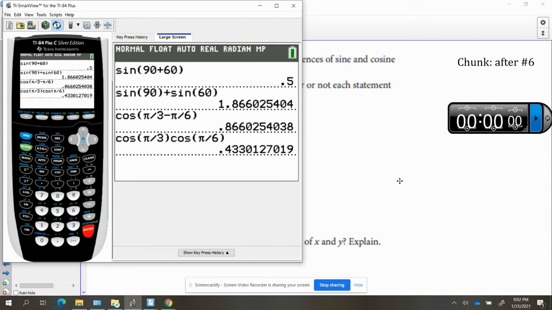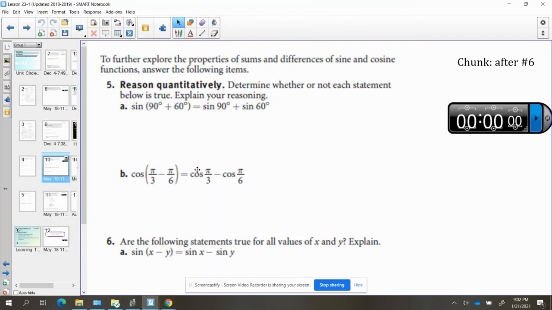So what we can basically justify here is just having an addition or subtraction inside of sine and cosine doesn't necessarily mean that if we break them apart into individual statements that they will be true.